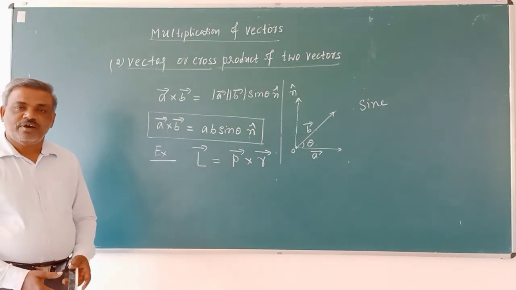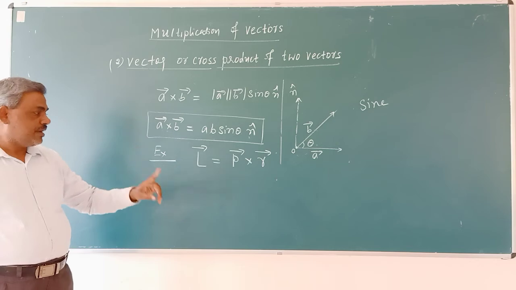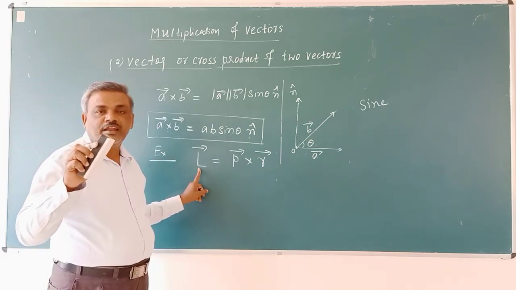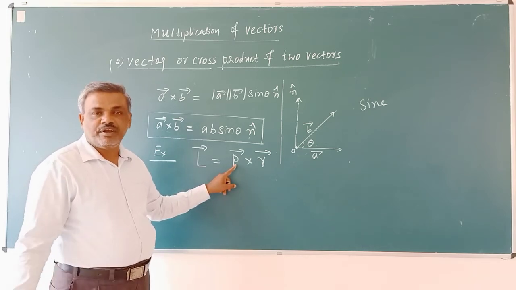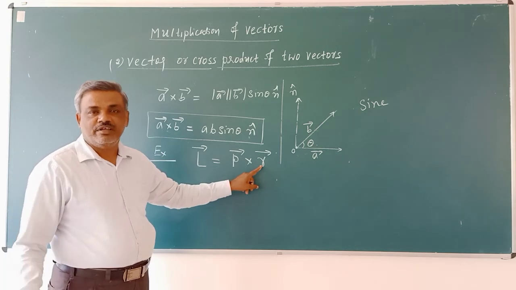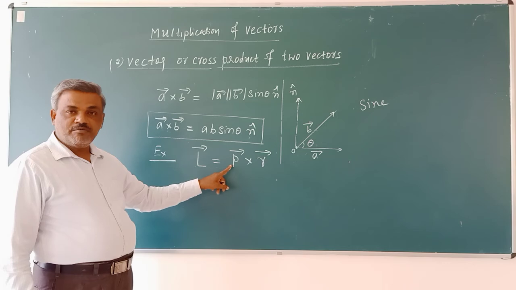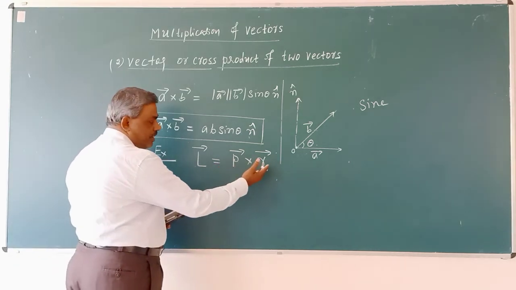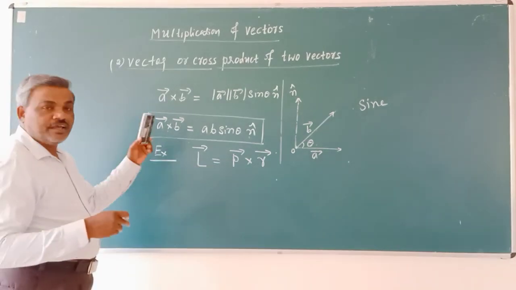Capital L indicates angular momentum, P indicates linear momentum, r is the perpendicular distance. Now angular momentum L equals linear momentum into perpendicular distance. These are vectors, so angular momentum is also a vector quantity. This is the second example.